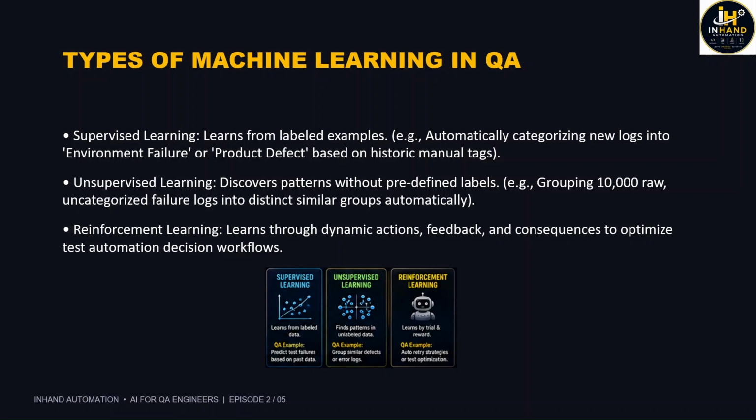Now imagine Rahul has 10,000 failure logs, but nobody has categorized them. Rahul simply asks, can you find the pattern in these failures? The system analyzes the data and starts grouping similar items. Maybe it discovers these 500 failures look similar, these 300 failures share another pattern, and another 200 have something else in common.